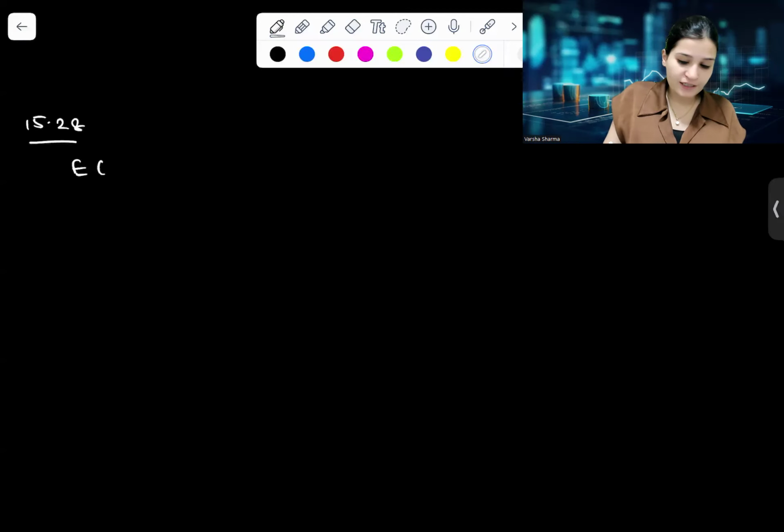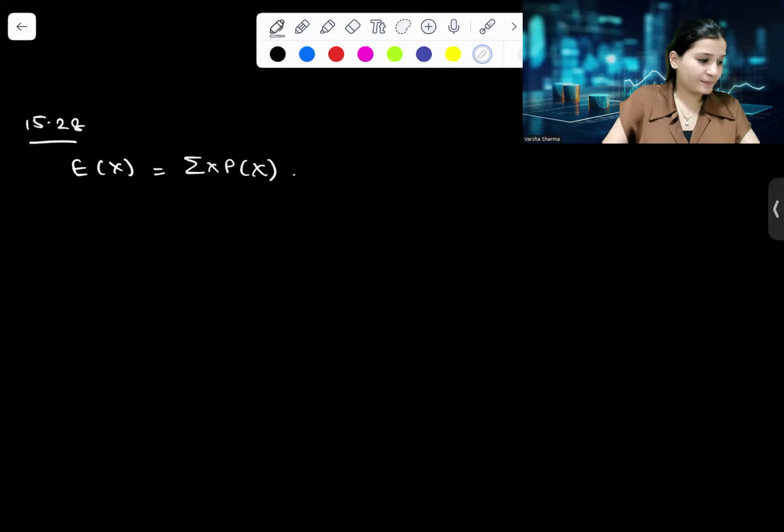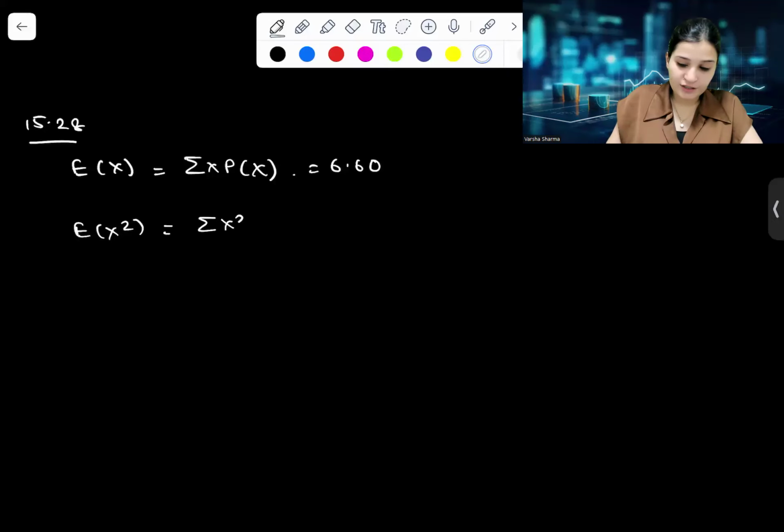From that, we first find E of x, summation x into probability. 0.4 into 1.5, 0.15 plus 5 into 0. That is 6.6. We find E of x squared, summation x square into probability.